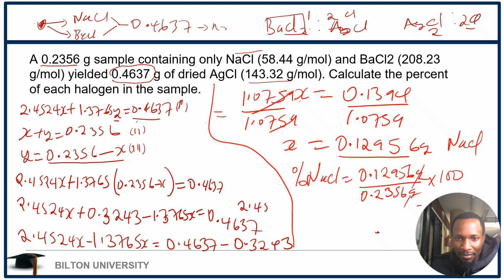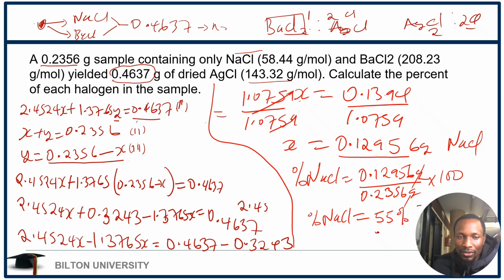So gram cancels gram, and this mass divided by 0.2356 times 100 gives us 54.99, which we can round off to 55%.